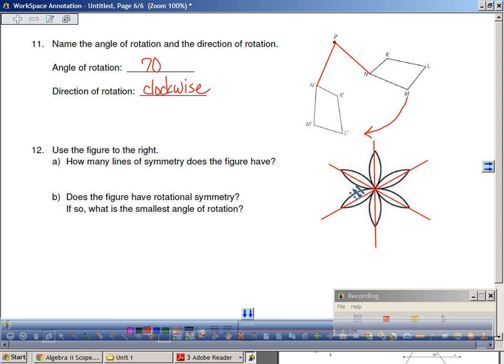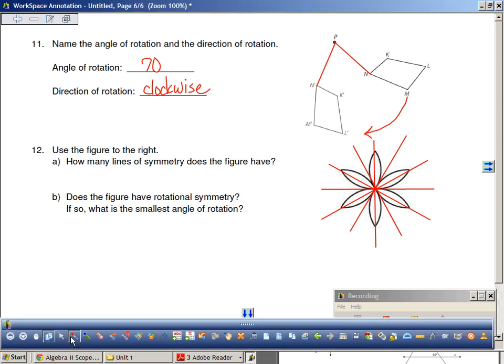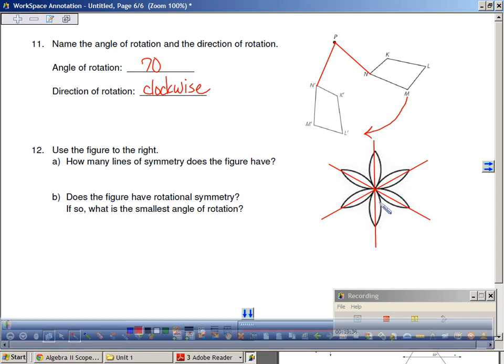That's the easiest way to see if there's more, right? 4, 5, 6. As soon as you see, guys, that there's one right down the middle, you should check in between the other petals too. So that's 6.